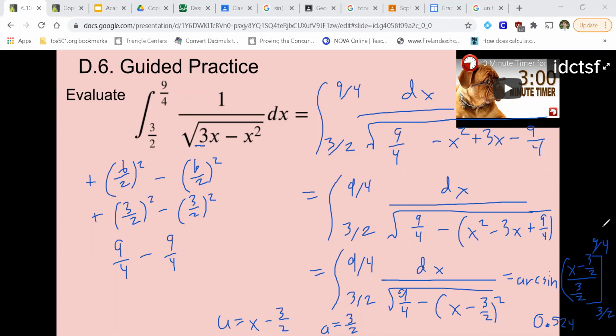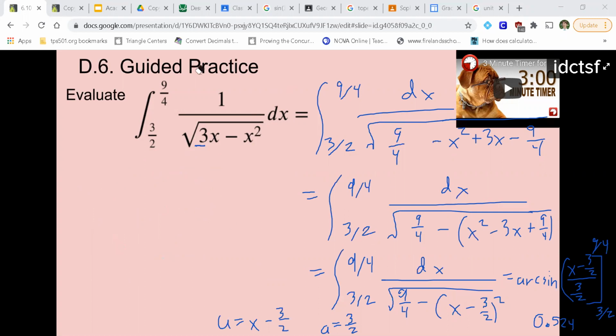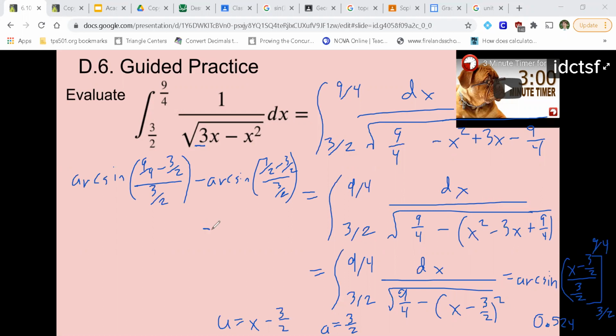If you don't plug it into your calculator, it's actually not that bad to do by hand. I'll go ahead and finish that if you want to see it by hand. If you plug in 9/4 and 3/2, you get the arc sine of (9/4 minus 3/2) over 3/2, minus the arc sine of (3/2 minus 3/2) over 3/2. But 3/2 minus 3/2 is just 0, so this is just minus 0.